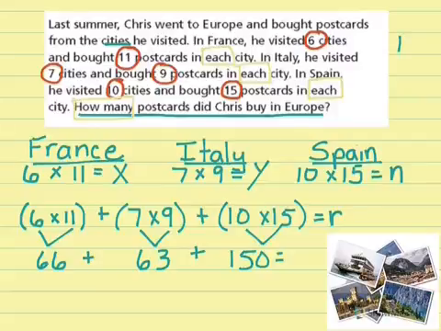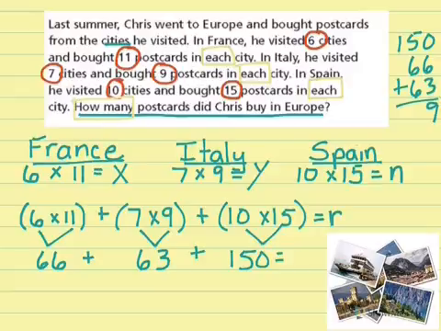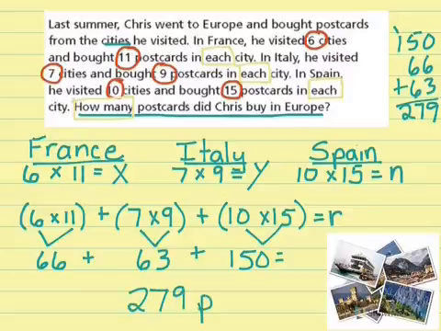Oh, I've got a little bit of room over here. I'm going to write it out so I can make sure I'm adding correctly. 9, 11 plus 6, 17. Okay, I got 279 postcards.